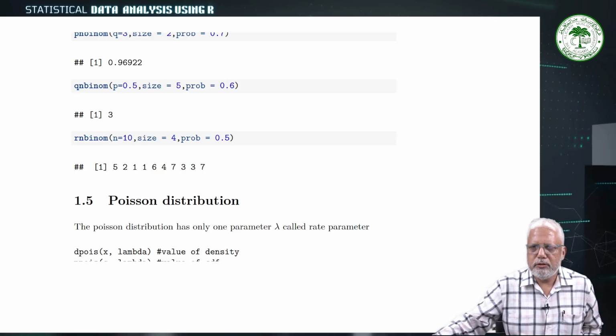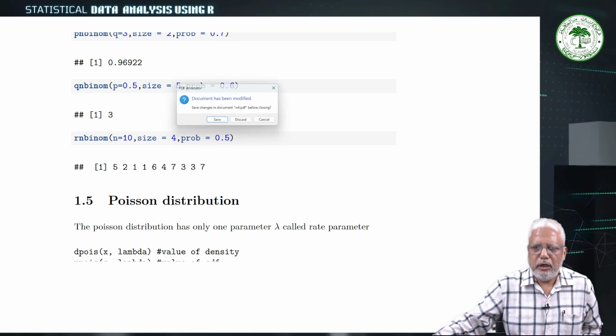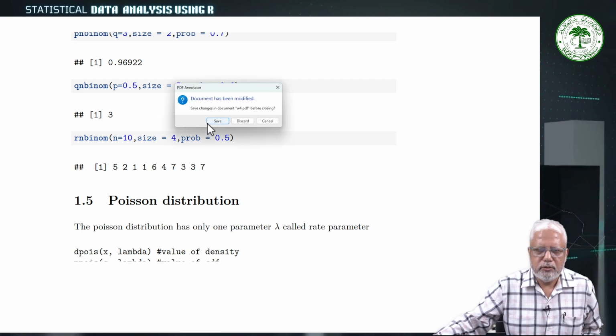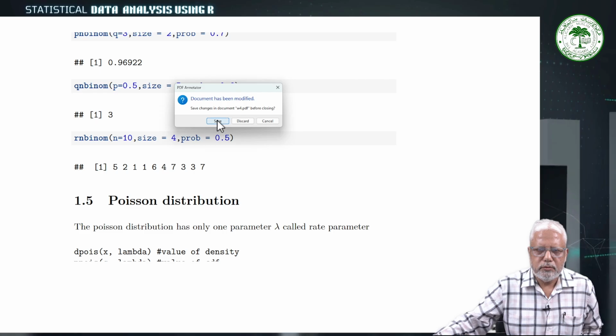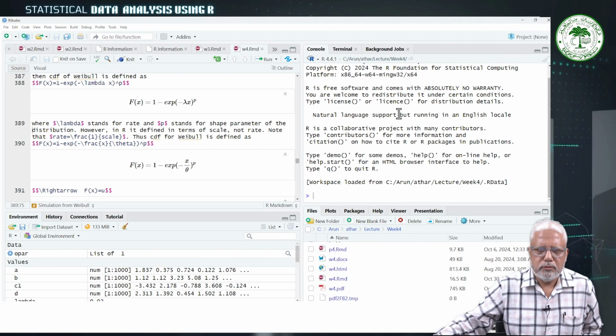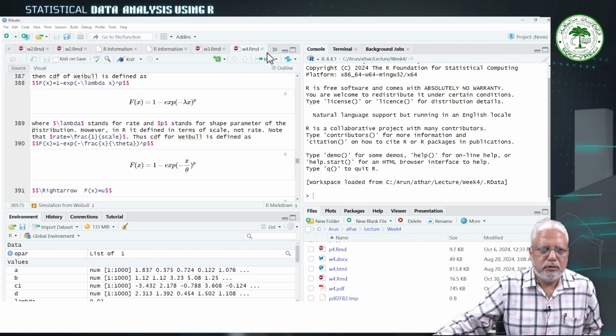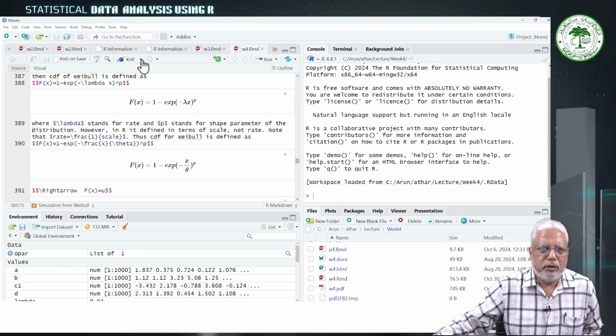Now I have to run the source code and then only see. We have to run this init.